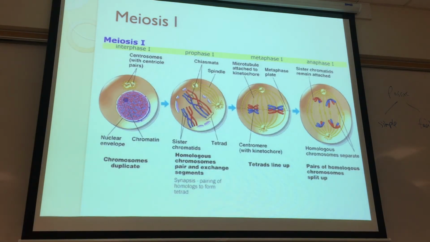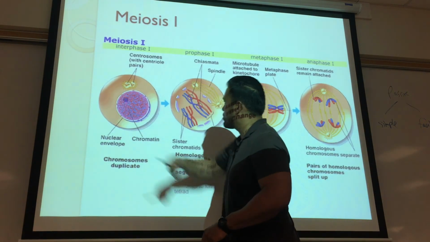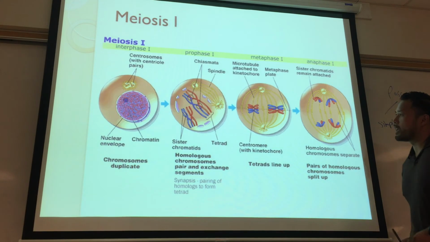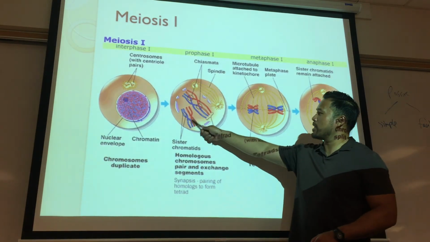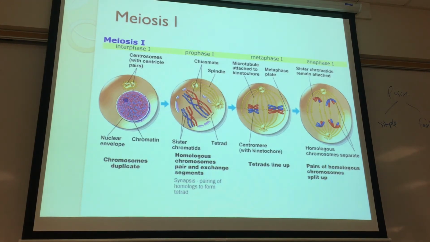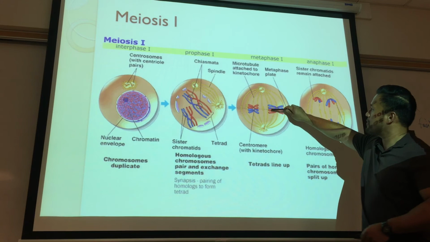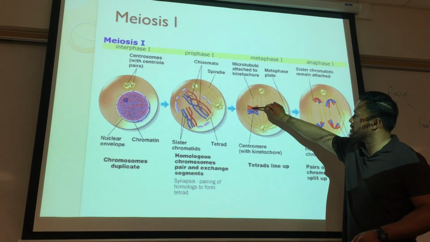What takes place in meiosis 1? We see the DNA get jumbled up together. We have chromatin turn into chromosomes. We get chromatids that come together. And the key difference in this case in prophase to metaphase is that we have two pairs of DNA.